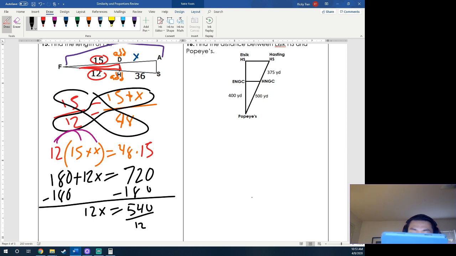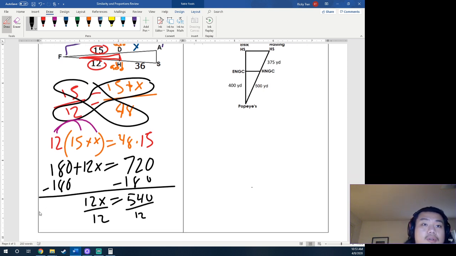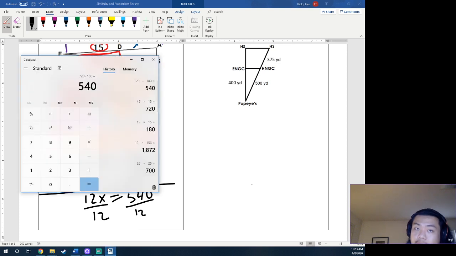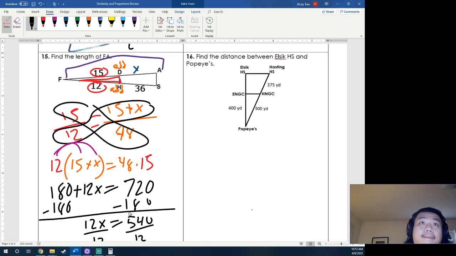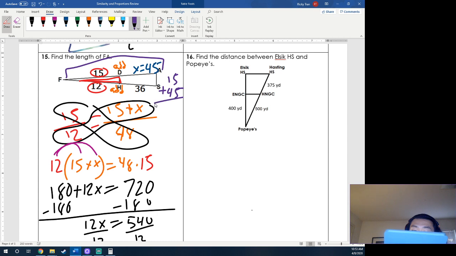We divide by 12, divide by 12. 540 divided by 12 is 45. So x is equal to 45. Since x is equal to 45, we just add 15 plus 45, or 60. So that is equal to FA.